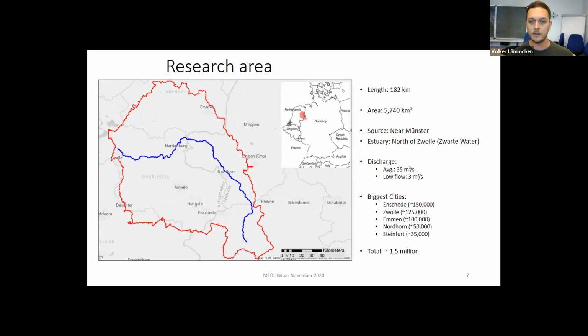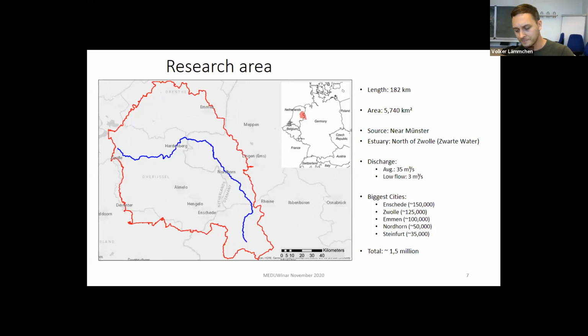Regarding population density, there are more people living on the Dutch side of the catchment, as the biggest cities, for example, are Enschede, Zwolle and Emmen, with above 100,000 inhabitants. And in Germany, we have only small cities like Nordhorn and Steinfurt, and in total 1.5 million people live in the catchment. When looking at the catchment and running simulations, we are of course not only looking at the Vecht, but there are many tributaries, small creeks, canals, and so on.